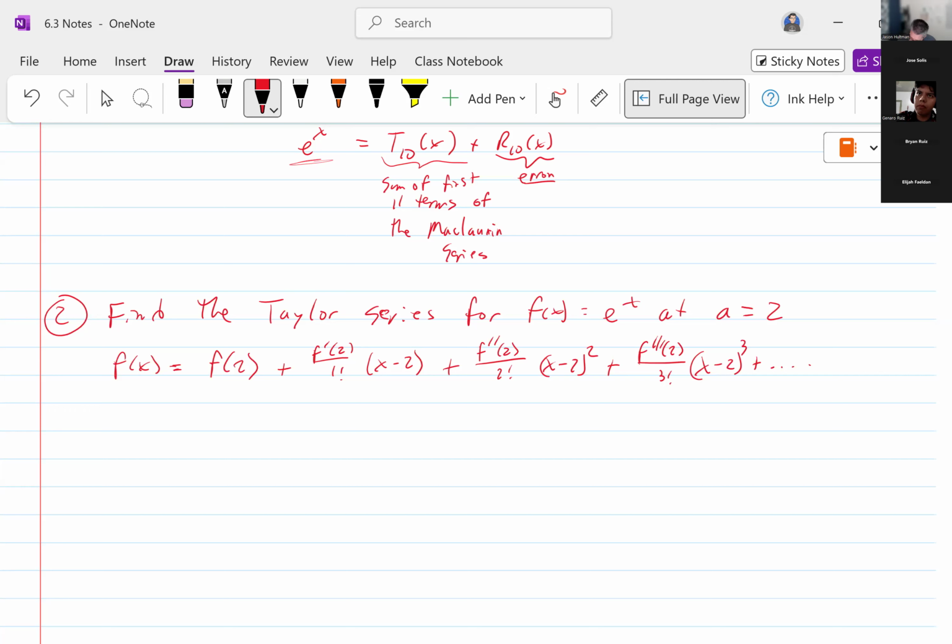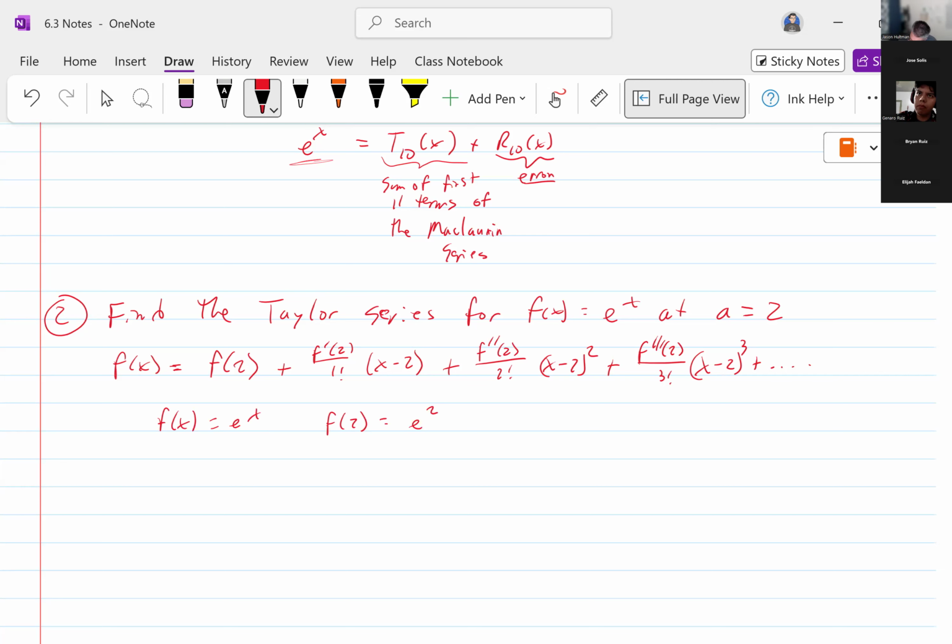So what do we get here? Well, let's take these successive derivatives and see what will transpire. So f of x is equal to e to the x. So what's f of 2? That is equal to e to the 2.